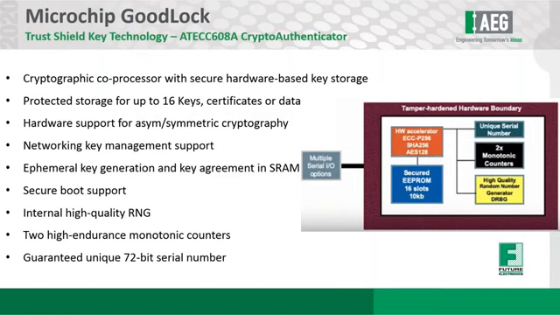You can add the 608A to any system, even if it doesn't use a Microchip microcontroller. All of the functions are executed inside the 608A, where the keys are. So secret information never leaves the chip. Now, unlike the accelerators that we talked about for the SAM-L11, the 608A can support both symmetric and asymmetric security techniques.